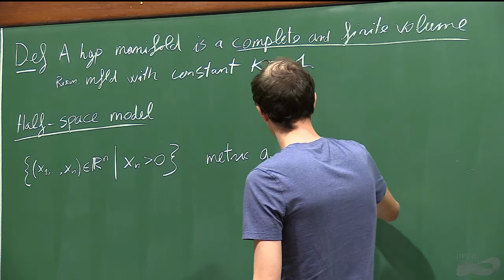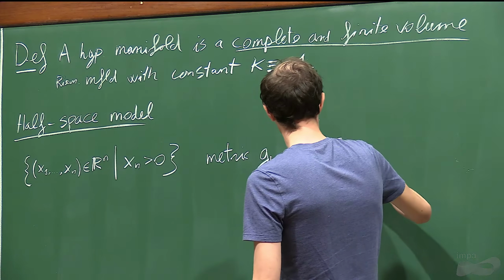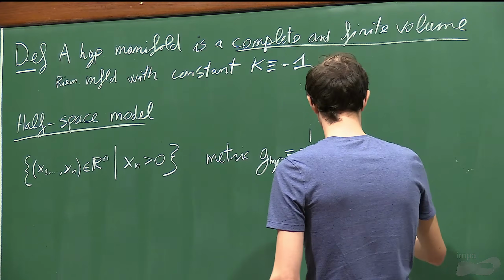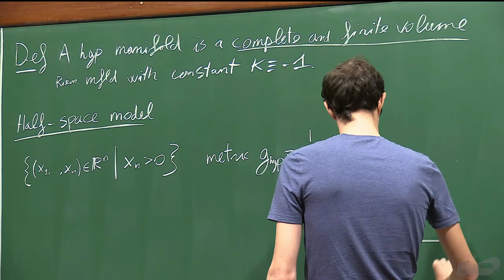which is proportional to the Euclidean one. So we're taking the upper half space, let's do this 3-space.